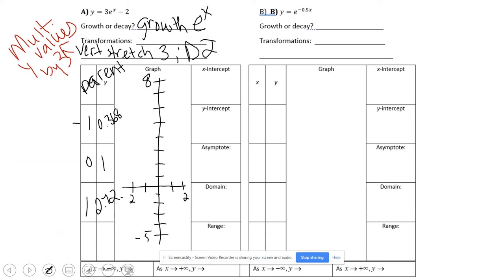I know if I went down 2 that my asymptote traveled down 2 from 0, and that my new asymptote is going to be y is equal to -2.